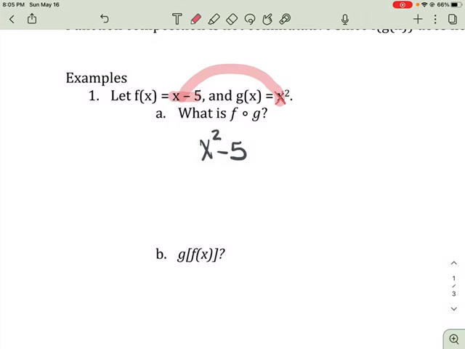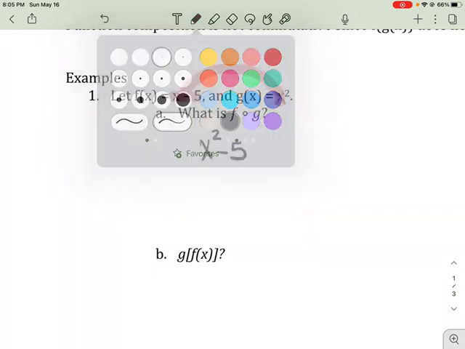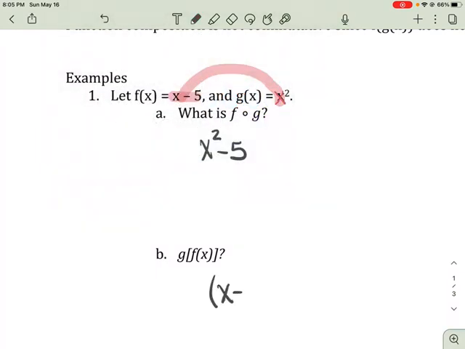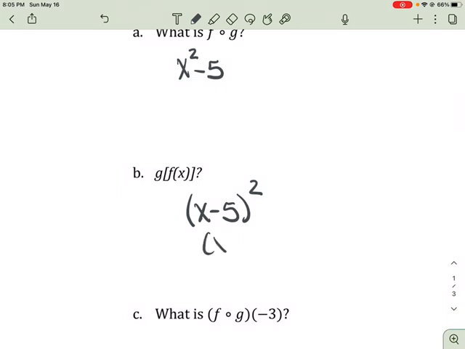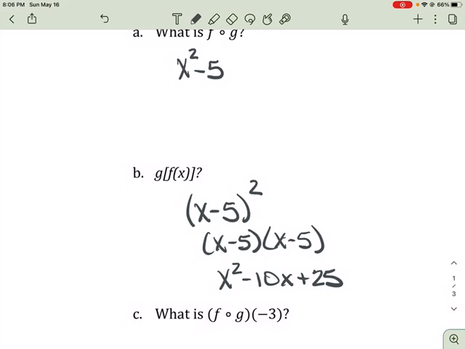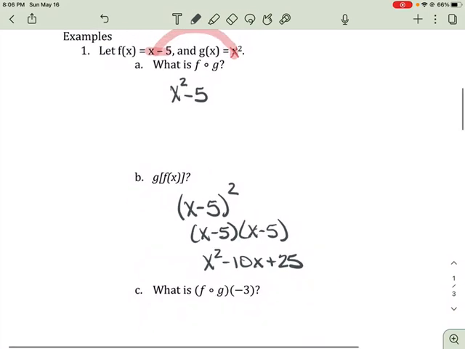So we take out the letter and replace it. This is going to become x minus 5 quantity squared. Now we probably should write this twice and multiply, clean it up. That would make it a little better.